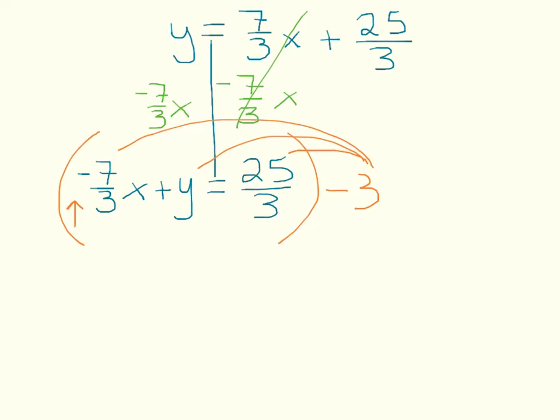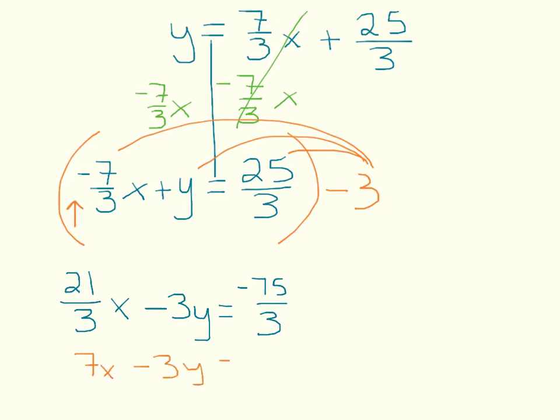Multiply negative 3 times negative 7, so it's positive 21/3 x. Negative 3 times y is now minus 3y equals 25 times negative 3 is negative 75/3. And now simplify your fractions. So it's 7x minus 3y equals negative 25.